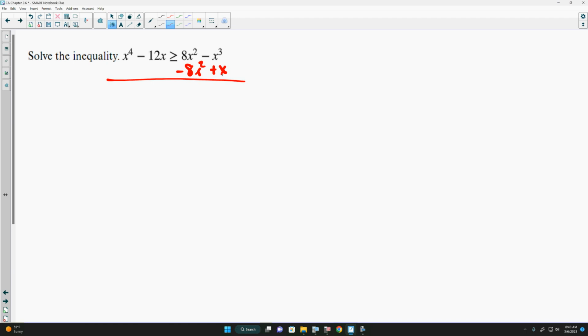Here, we just need to get this equal to 0. So what that tells us, we have x to the 4th plus x cubed minus 8x squared minus 12x is greater than or equal to 0.